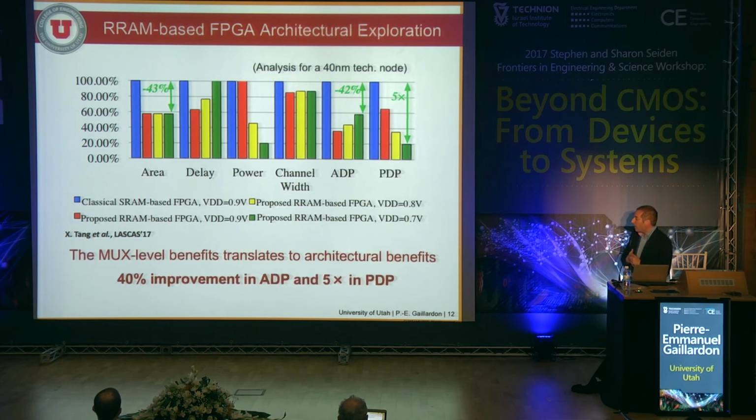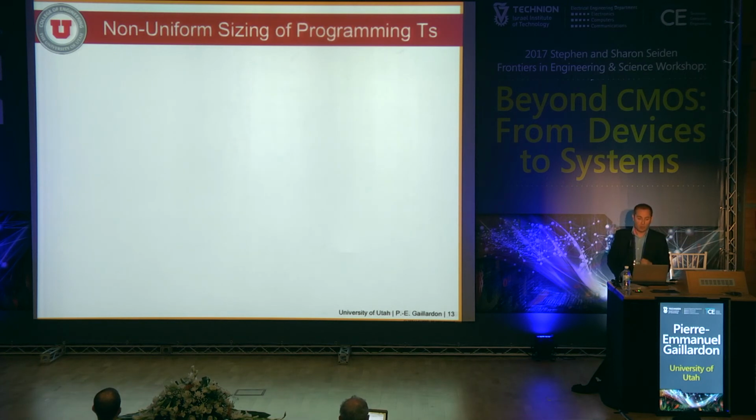What we can see is that our MUX-level benefit translates directly to architectural benefits, with a 40% improvement in ADP and a 5x improvement in PDP, which is quite significant without changing any computing paradigm, and there is a one-to-one correspondence between actual architecture and this one. But can we do something beyond this very simple one-to-one correspondence, and can we explore domain-specific optimizations? It's very possible to do that.